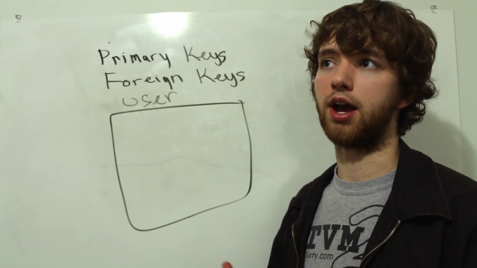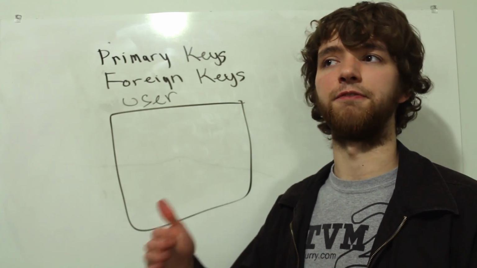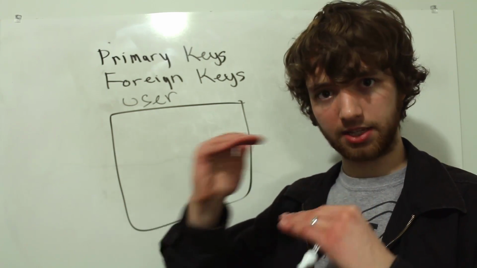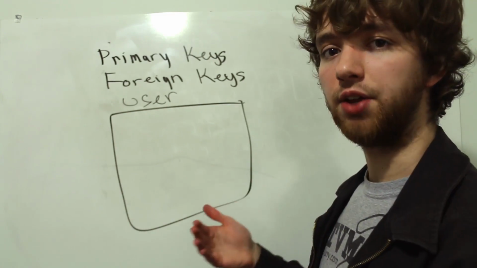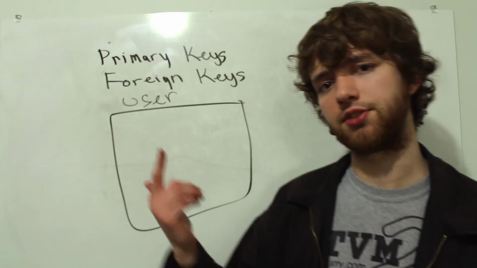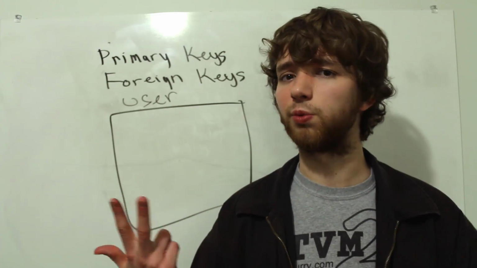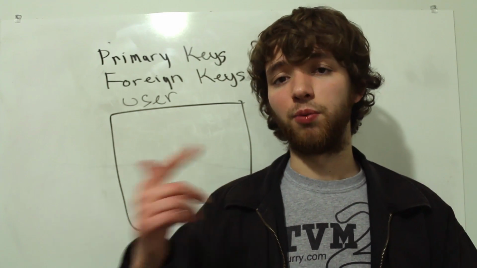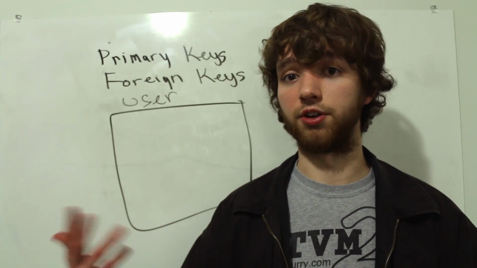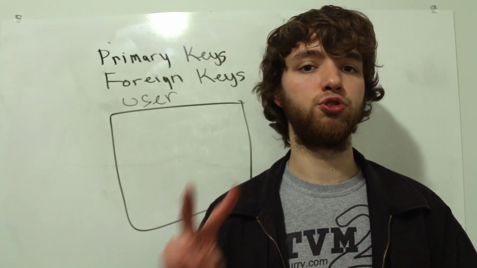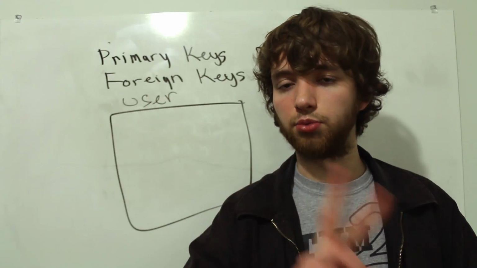So that way, if you have a person with the same name as someone else, you can tell that they're different things, right? So if you didn't have these keys and you just had Caleb and Caleb, well then you have to ask yourself, okay, is this a duplicate or are these 2 separate people? And you don't really know. But if you have a key, one of them is named Caleb with the ID of 72 and one of them is Caleb with the ID of 483, well now you know they're 2 separate entities.